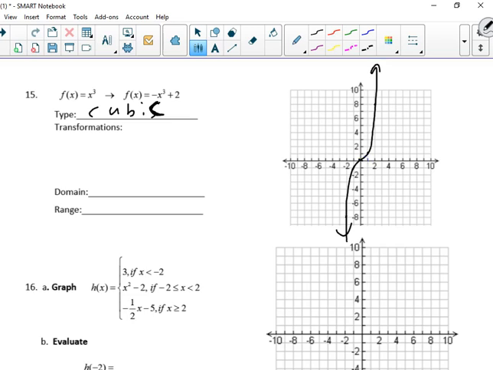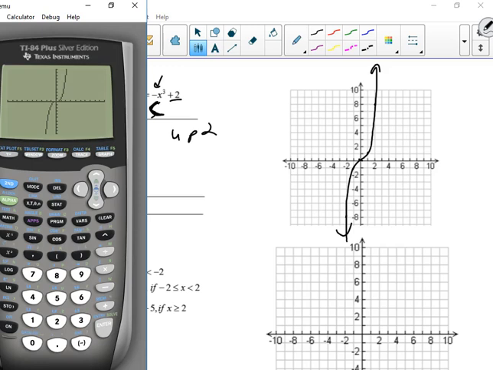Now, the negative here, we can say it's flipped, we call it reflected, whatever you want to do, and this means up to. So, I would definitely use my calculator for this one.